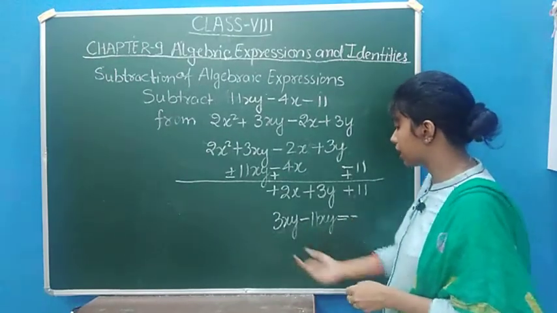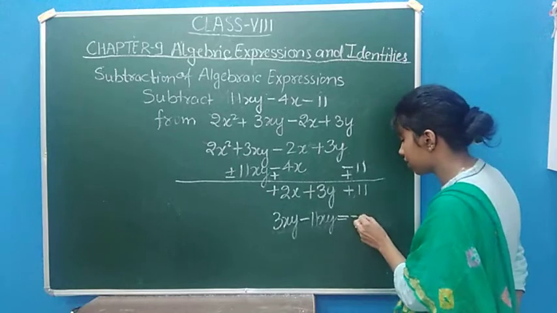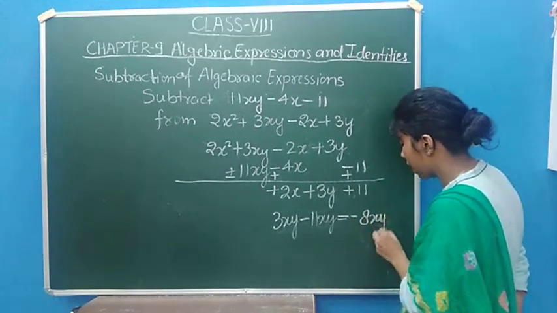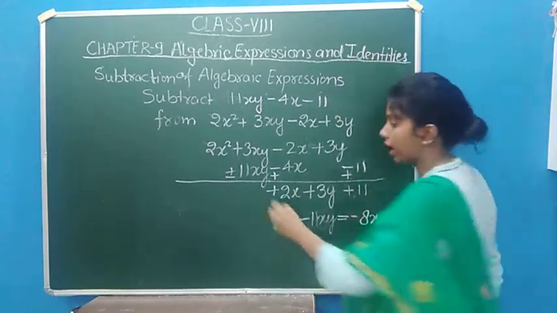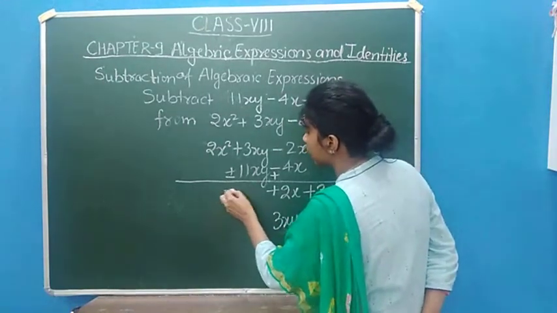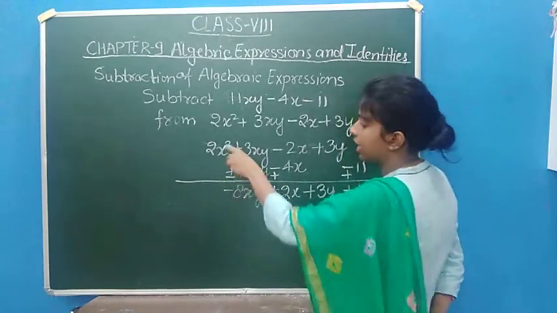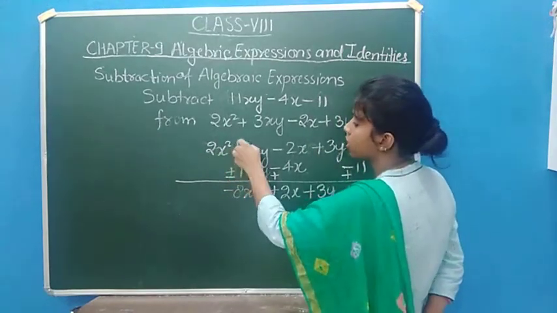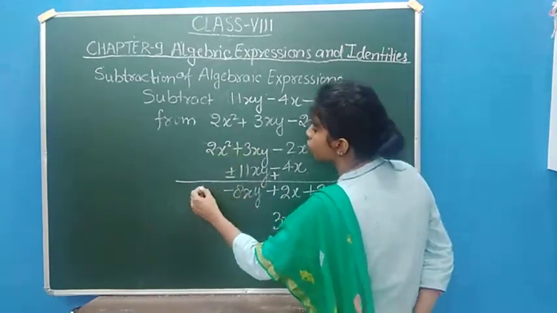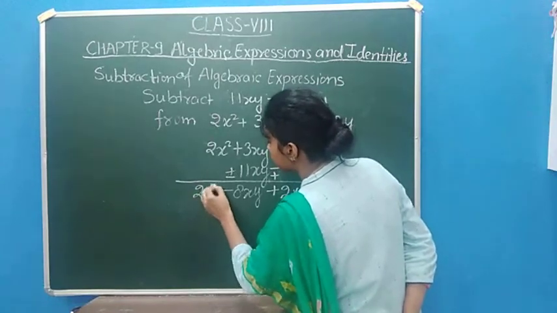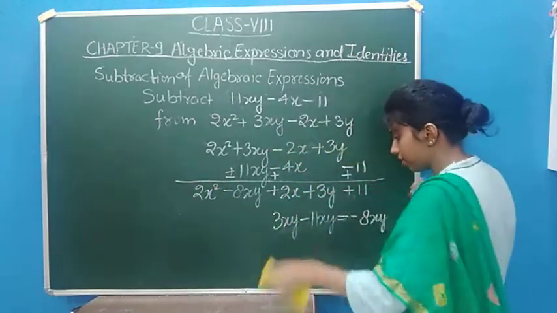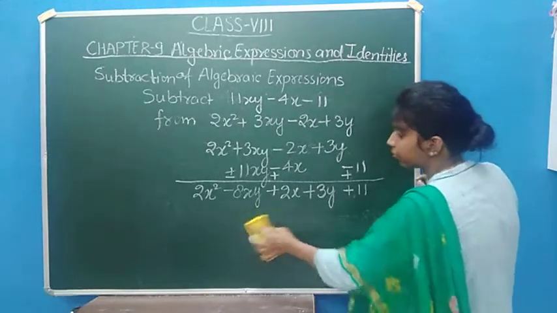And 11 minus 3 is what? It is 8, so we get minus 8xy. So here we can write minus 8xy, and at last we have 2x squared minus 0, so we get 2x squared.